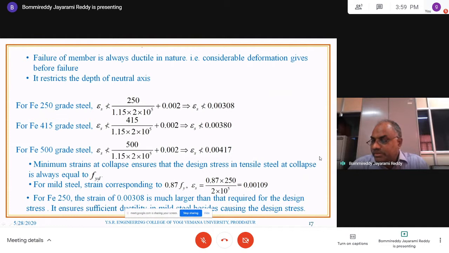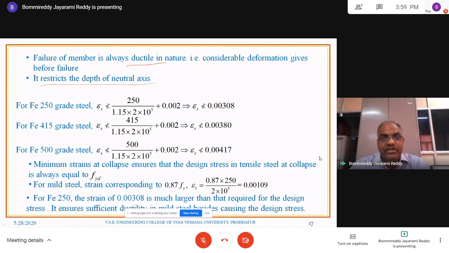Now, in this limit state method, failure of the member is always ductile in nature, because the strain in steel is not less than a certain value. And because of this assumption, the neutral axis depth is limited.